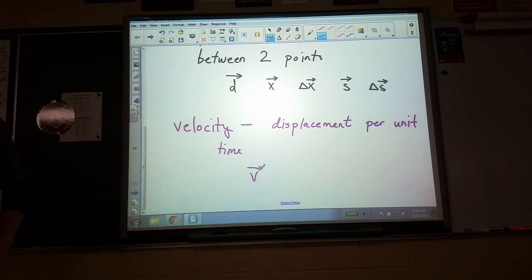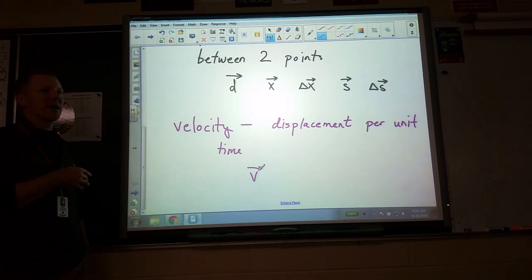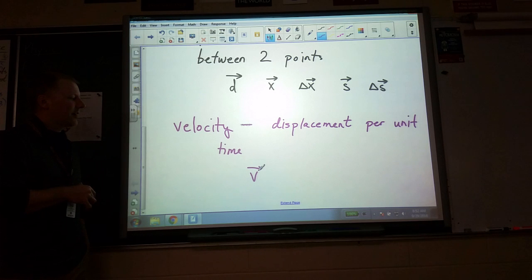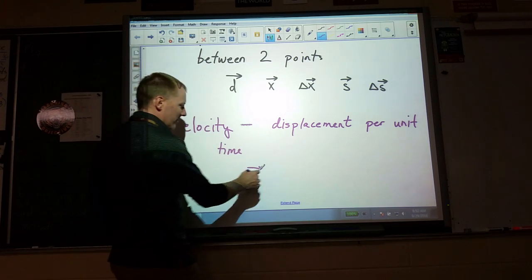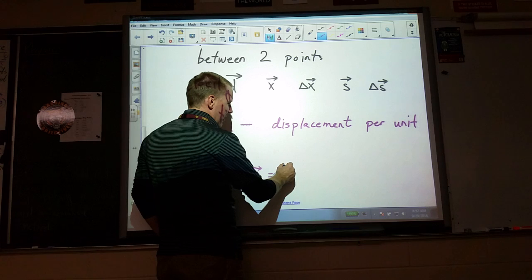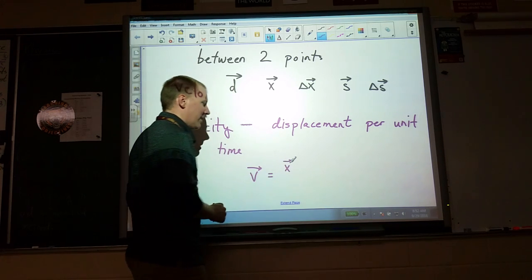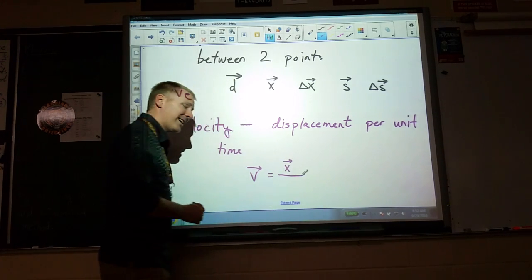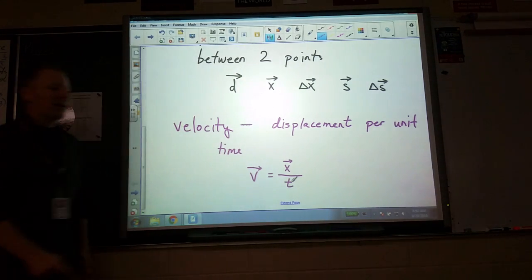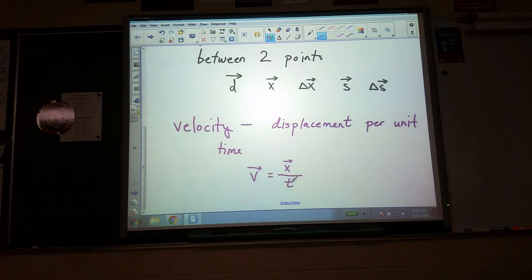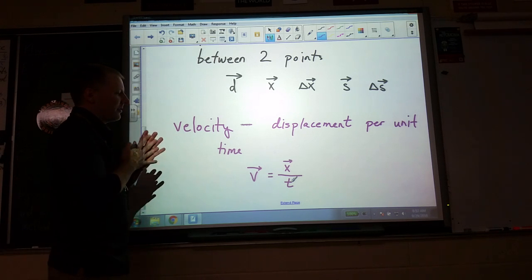In practice, we get sloppy as we go a little bit farther on, and we just assume in every case that we're talking about velocity, and we often neglect to put the arrows above. And then this is a displacement, so any of these will do. Let's just do the x, realizing that it could be in any direction though. Time though is a scalar. We don't really talk about time having direction because it's always going one way. So we don't have to worry about the vector part there.